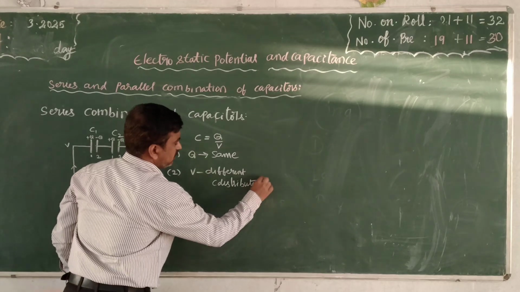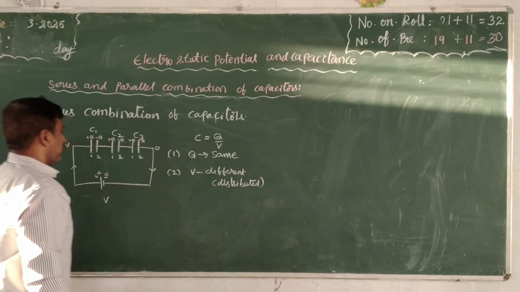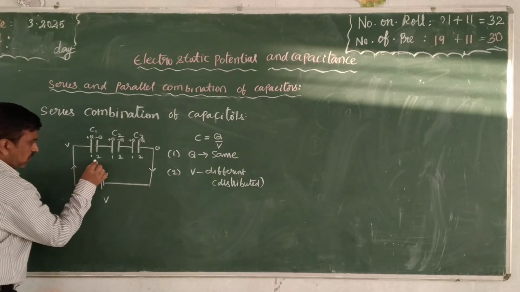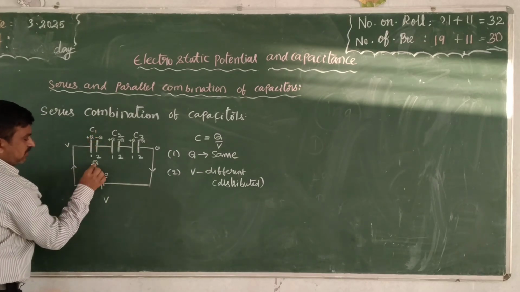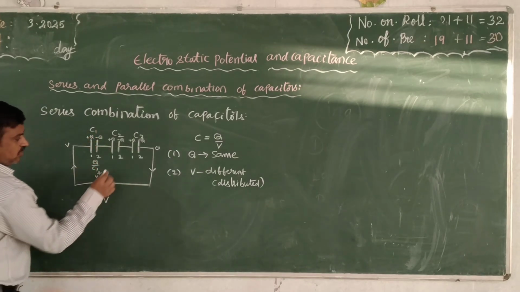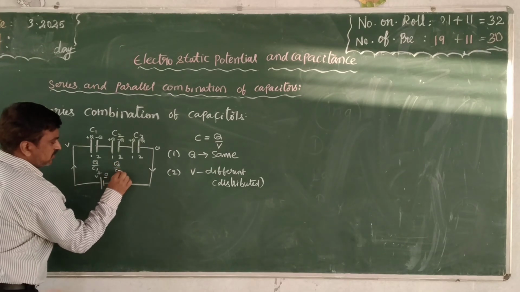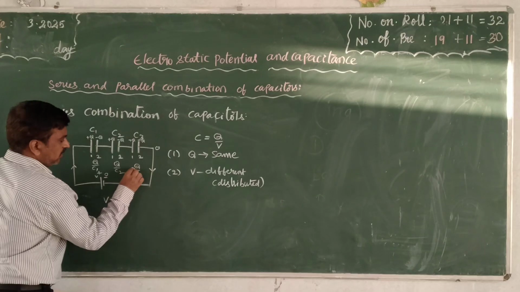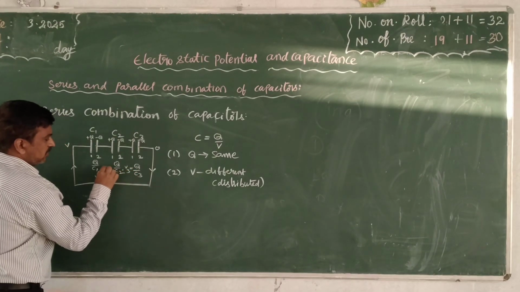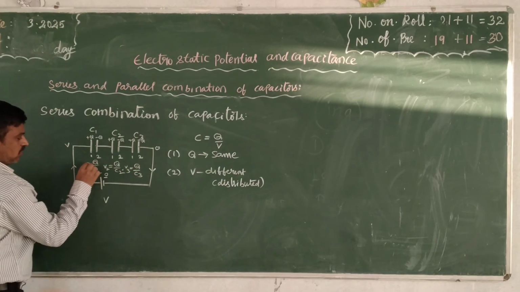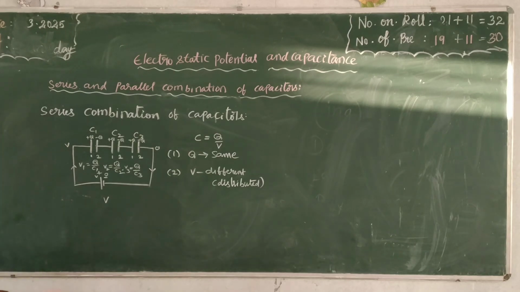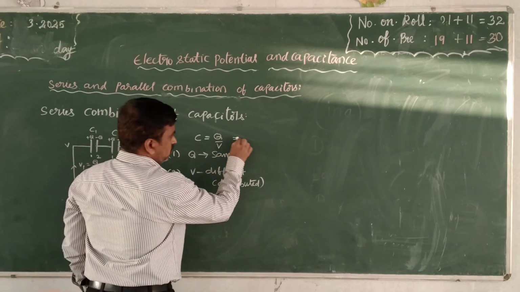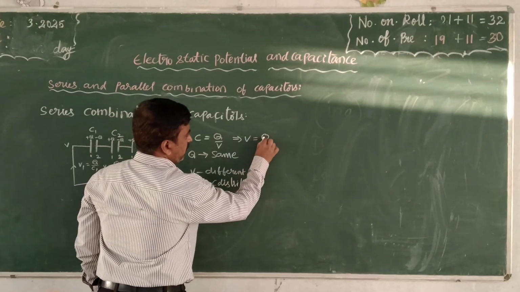How can we say this? Here the charge is q with capacitance c1, charge q with capacitance c2, charge q with capacitance c3, with potentials v1, v2, v3. Capacitance is q by v, so potential equals q by c.